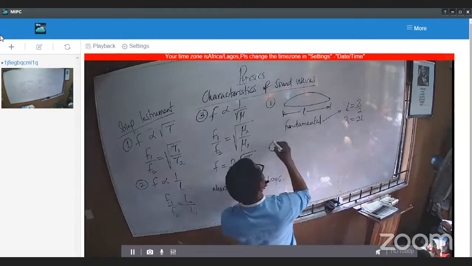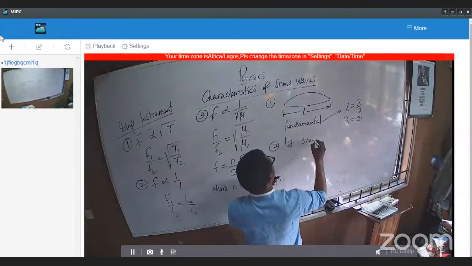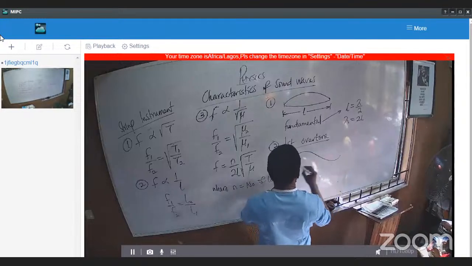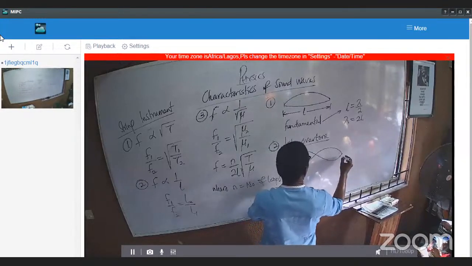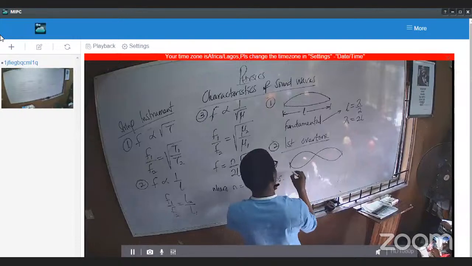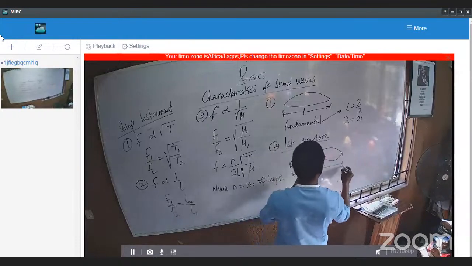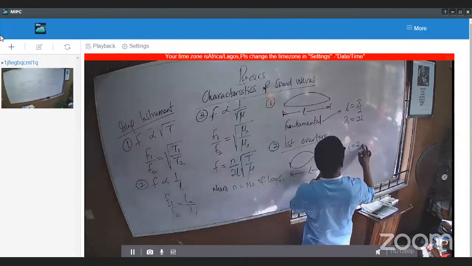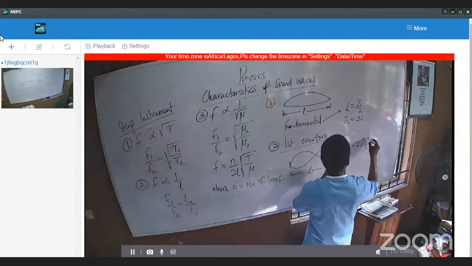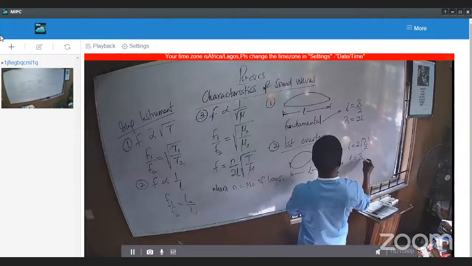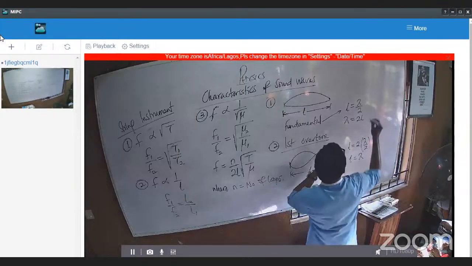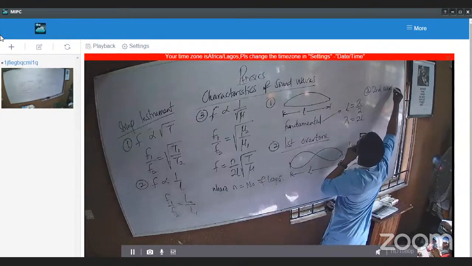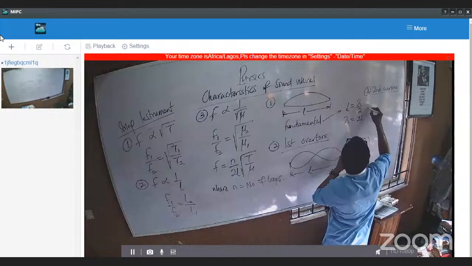Then number 2, we have the first overtone. So we have L here, so our L now will be 2 times lambda over 2, so L is lambda. Then number 3, the second overtone.